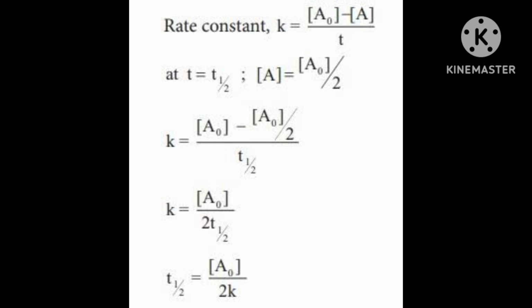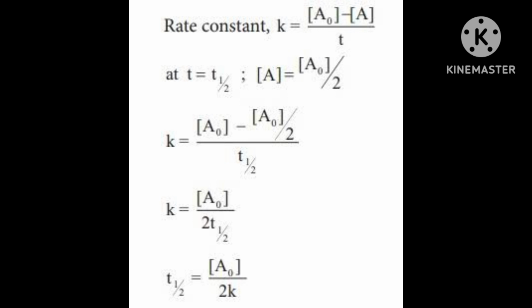Then what is the T value? Now do cross multiplication. In the place of K you write T, in the place of T you write K. Then T is equal to 6.909 divided by K. Correct?